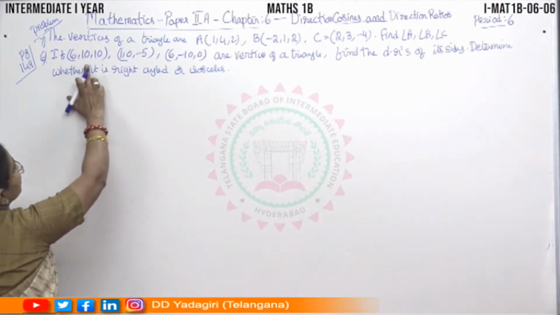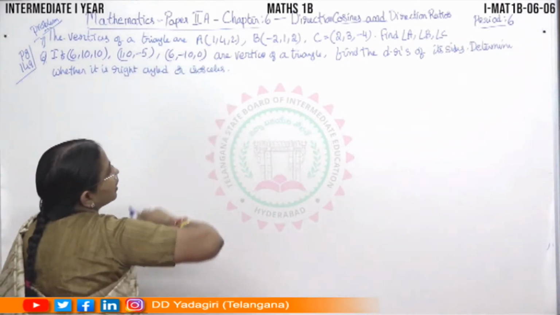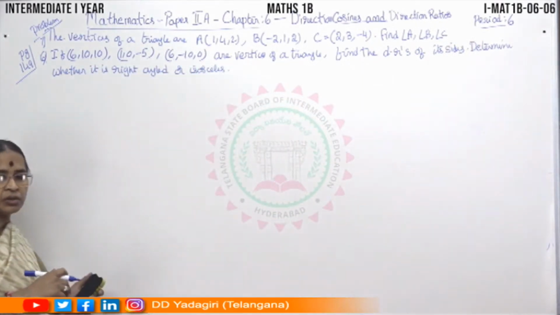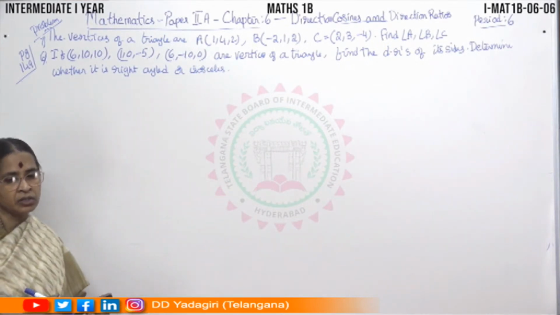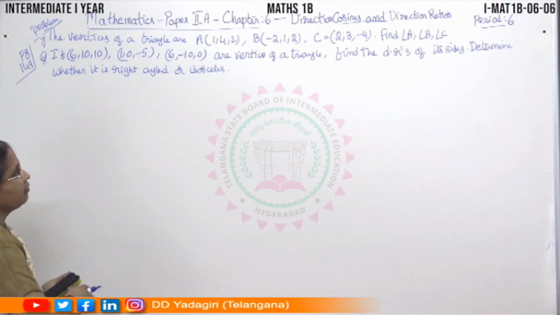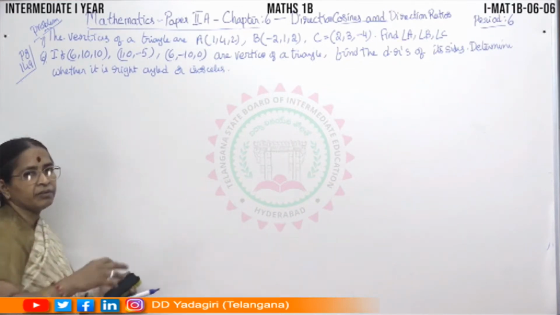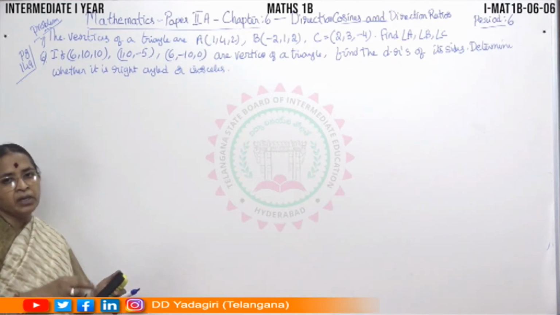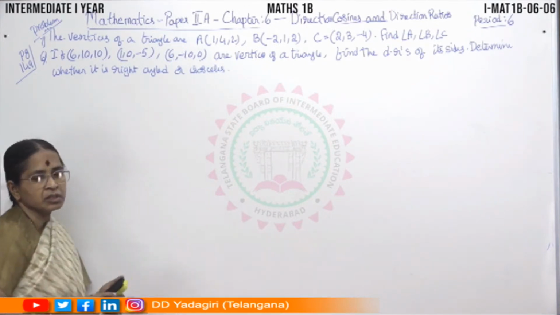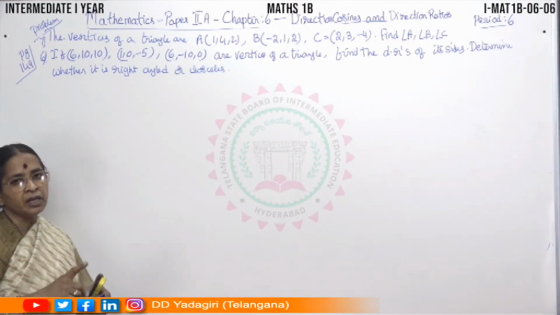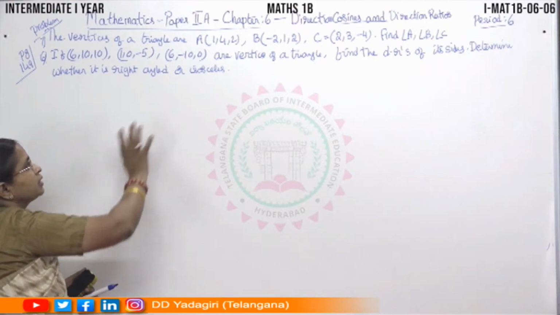Another problem is you are given again the vertices and then find the direction ratios of the sides. Then determine whether it is right angled or isosceles. Like in the first problem, here also you will find out all the 3 angles. If two angles are same, then you will say that it is isosceles. If you get one angle as 90 degrees, you will say that it is right angled.